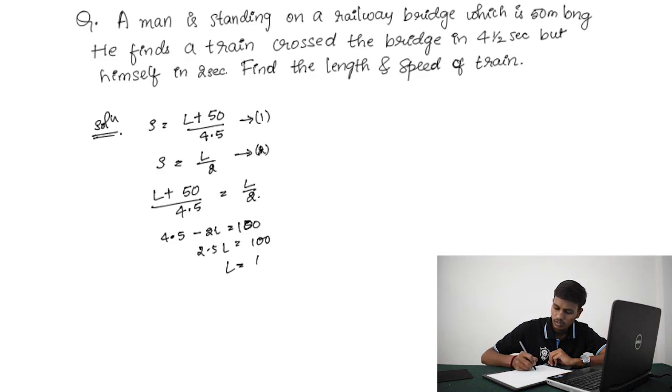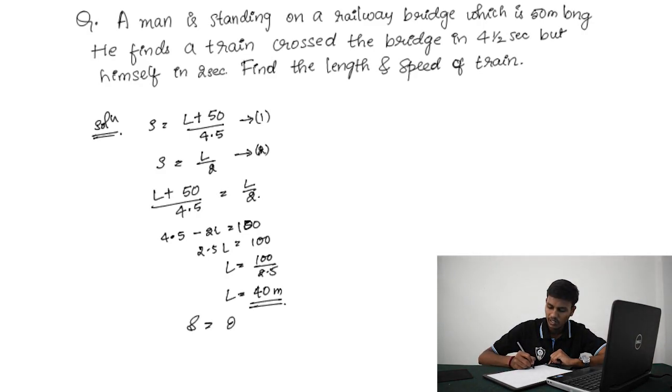Length is equal to 100 divided by 2.5, so length is equal to 40 meter, and the speed is equal to 20 meter per second.